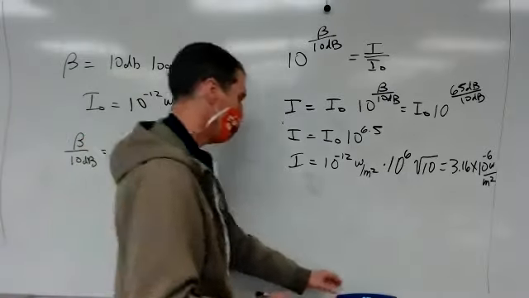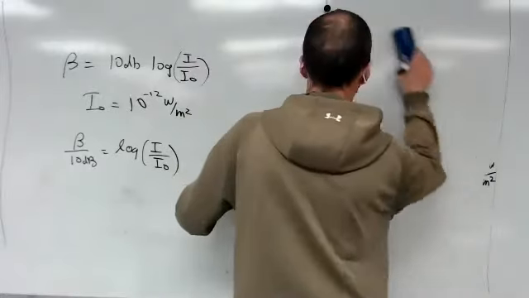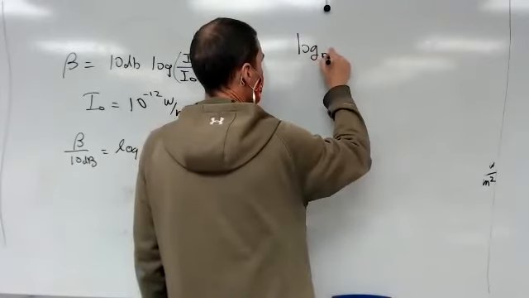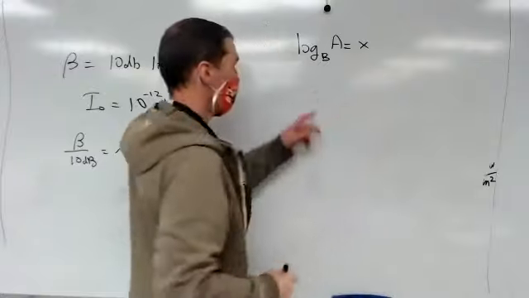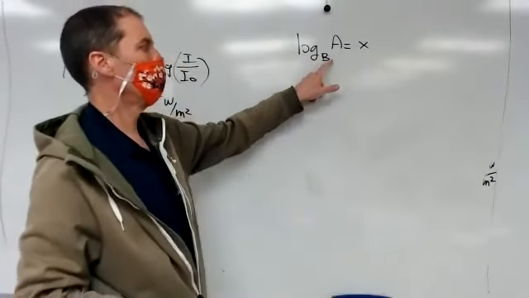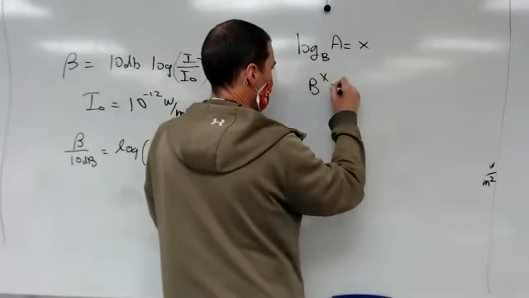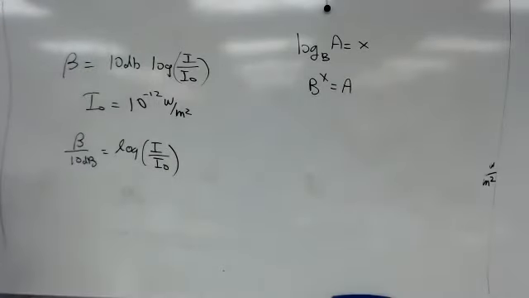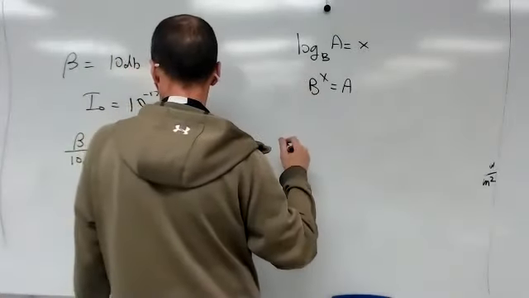In other words, if you go all the way back to how logs work, log base b of a is equal to x means b to the x equals a, right? And so when I raise an exponent to a log, the inverse function of this is just the exponent.